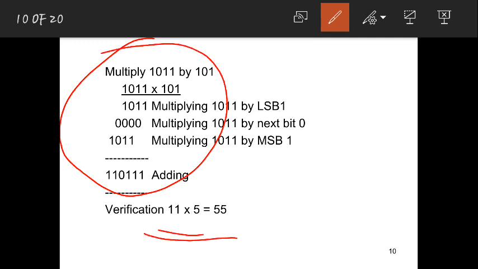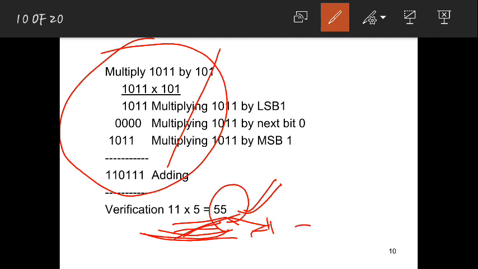They won't give any marks for this decimal conversion. This is only for your verification purpose. After doing all this, just to confirm it, it will hardly take a few seconds of your time. So just convert the result and check if it is correct or not. If this and this answer match, then it is correct. Same way you can check for binary subtraction, addition, division.